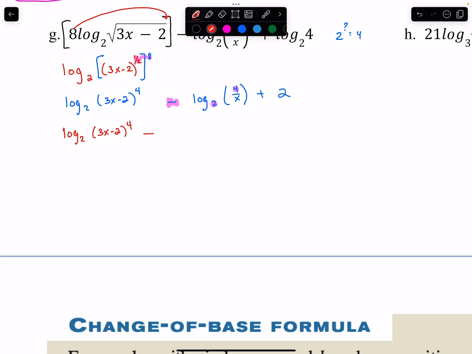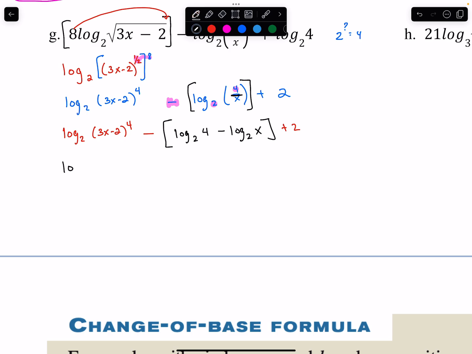So you're subtracting, and what I'm going to do is break this up. Be careful when you break this up, okay? The subtraction sign has to go to all of this, even when I break it up. So when I break this up, it's log base 2 of 4 minus, because it's division, log base 2 of x. And then my plus 2 here at the end, which is a little challenging.